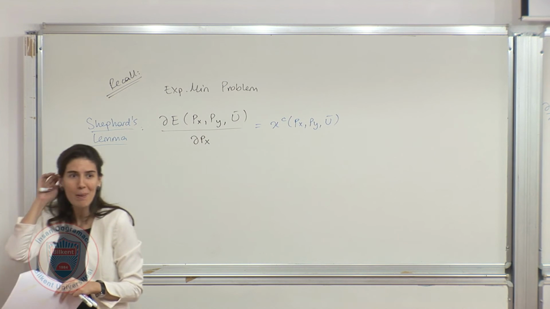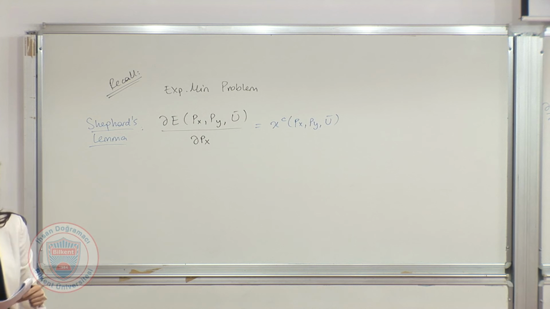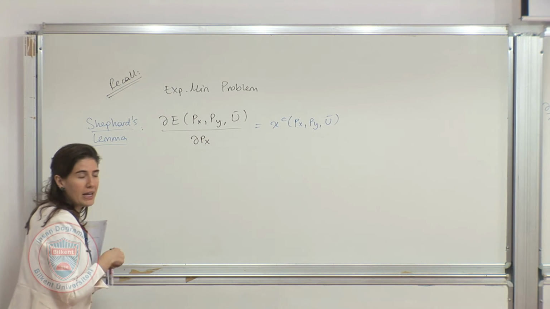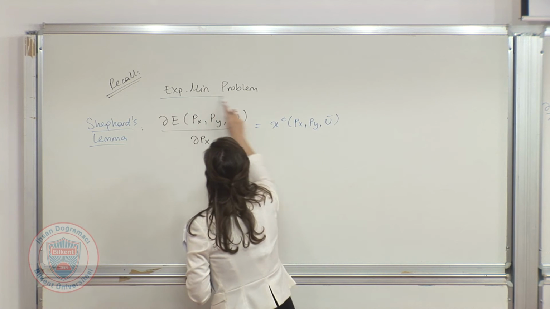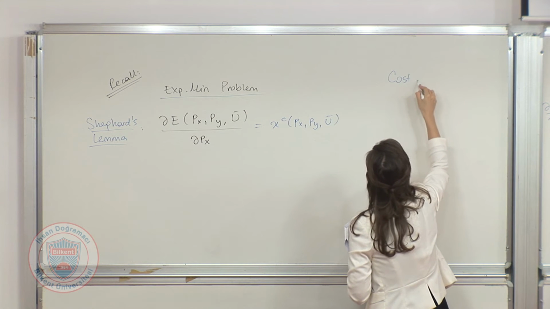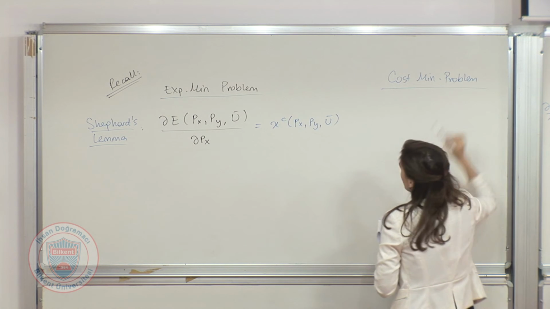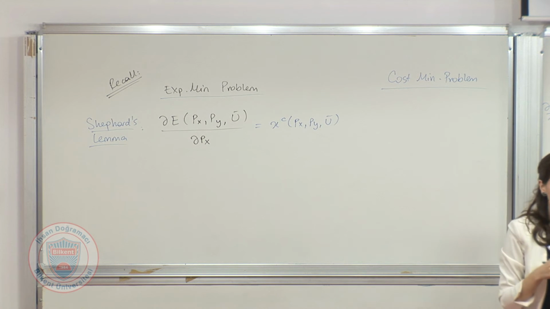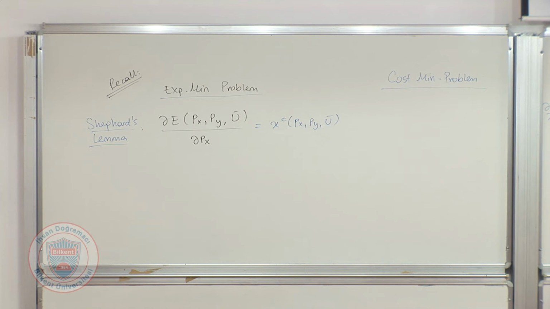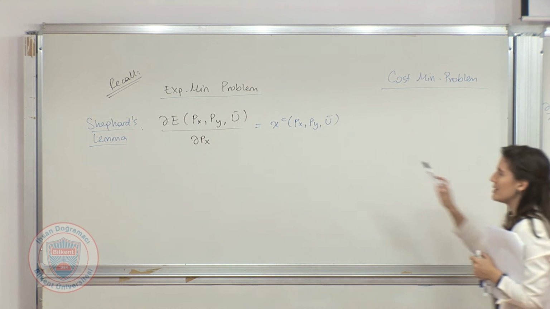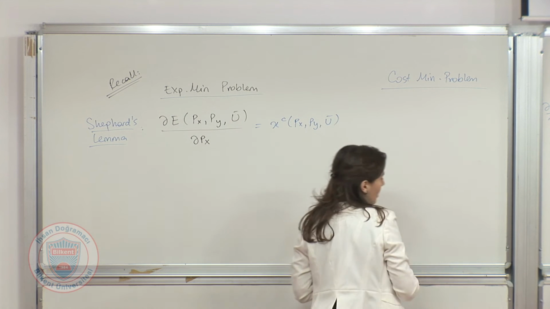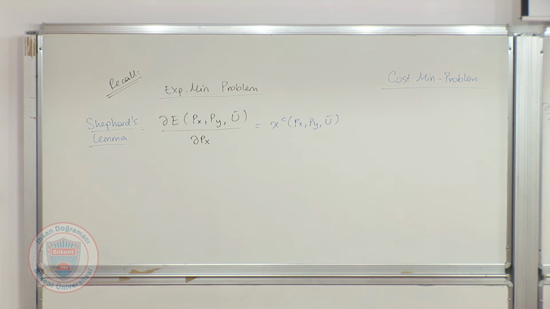Because the envelope theorem is a much more general result, if you make the analogy, what can we say about the cost minimization problem? What is the value function in the cost minimization problem?